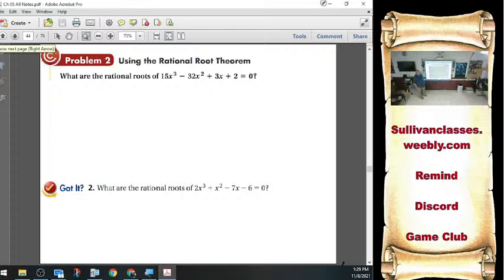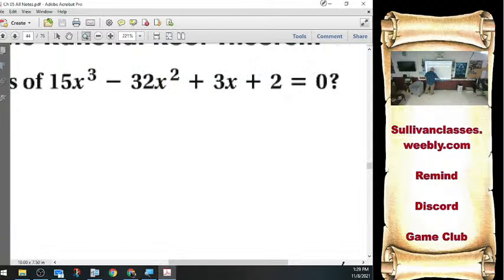So, using the rational root theorem, what are the rational roots of this? I'm going to say my possible rational roots are. I feel like I'm reading off the nominees for an award. And the possible rational roots are.